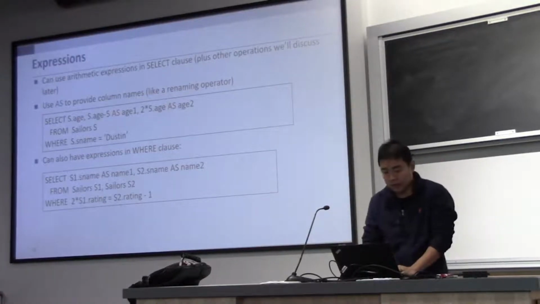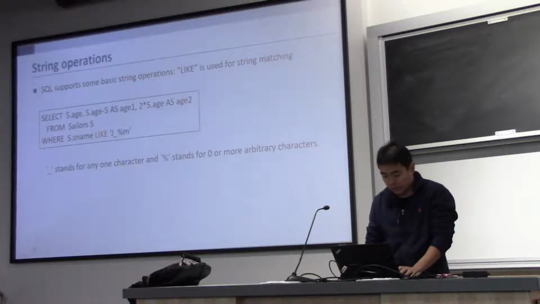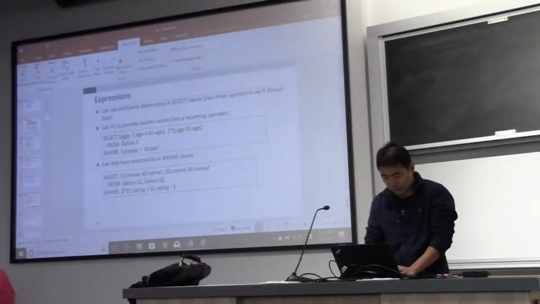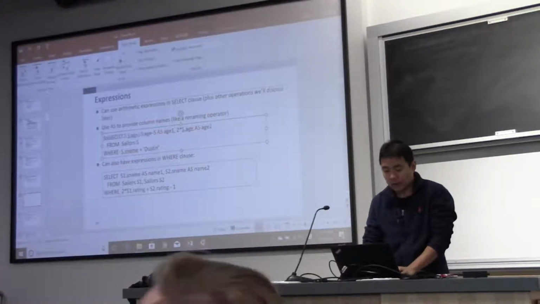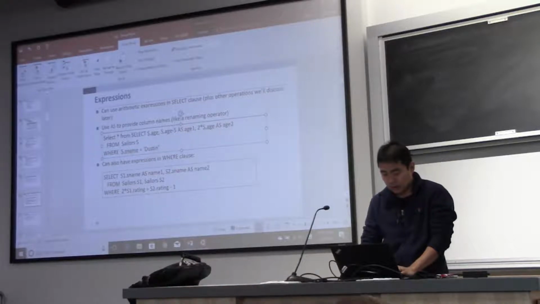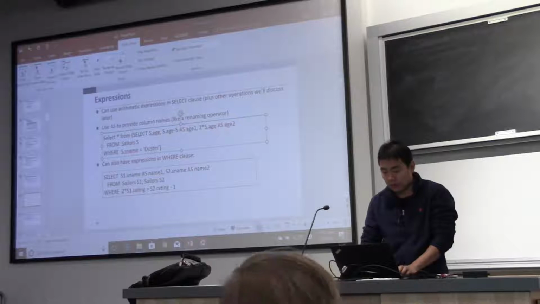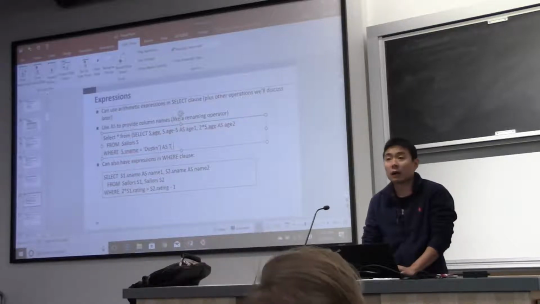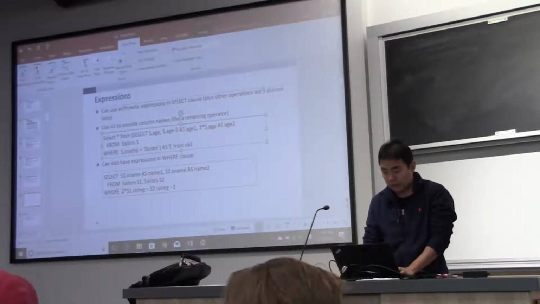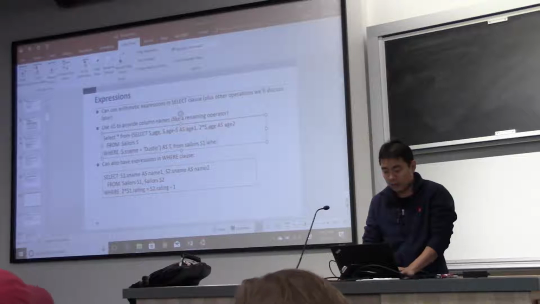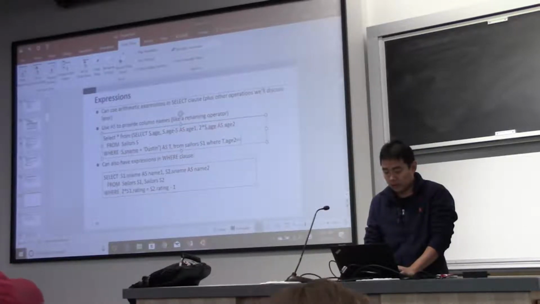Right? For example, what I mean is you can certainly do things like this from this relation, and rename this whole thing as T. Okay? Then you see from sailors again, where T dot H2 equal to, right?